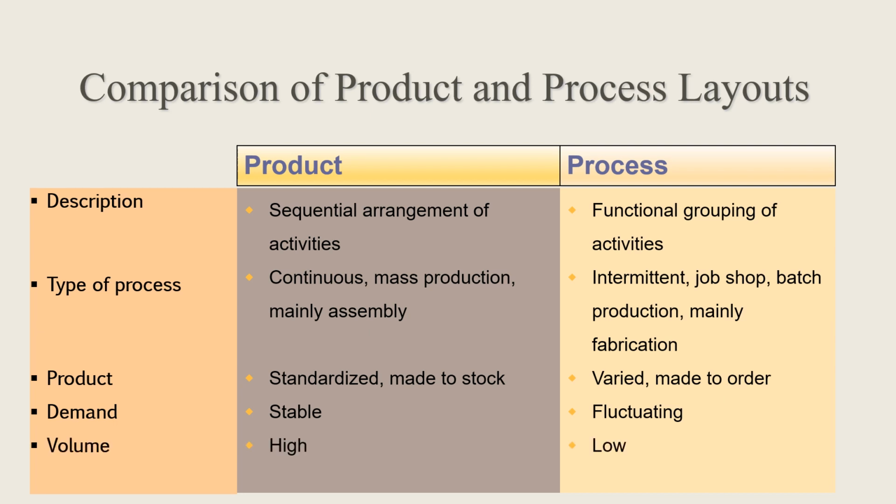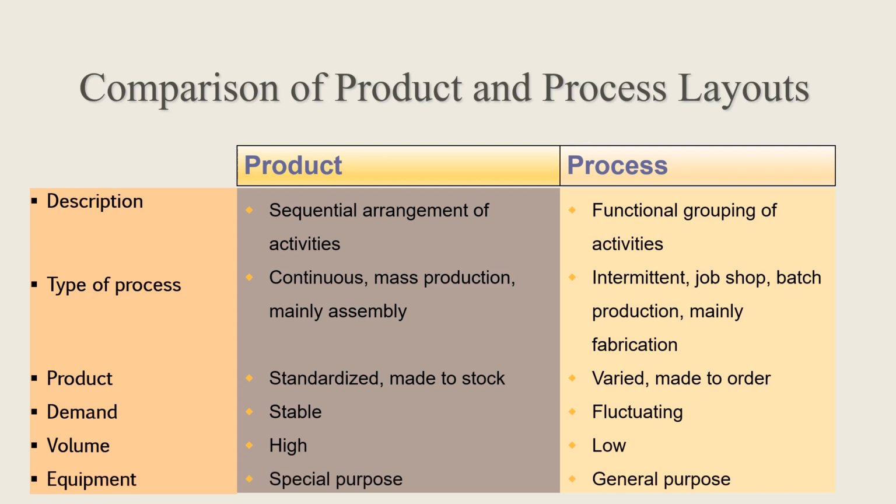The volume of the product layout is high, which means you are going to produce larger quantities. In the process layout, the volume is low, so you are producing in smaller quantities.